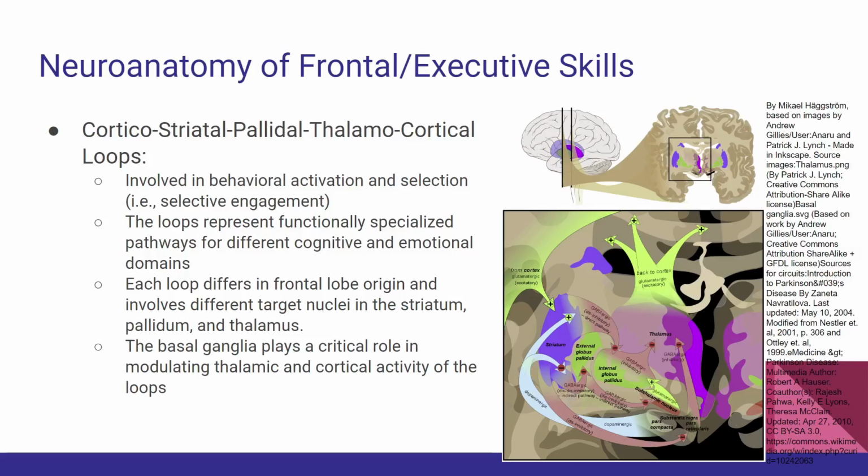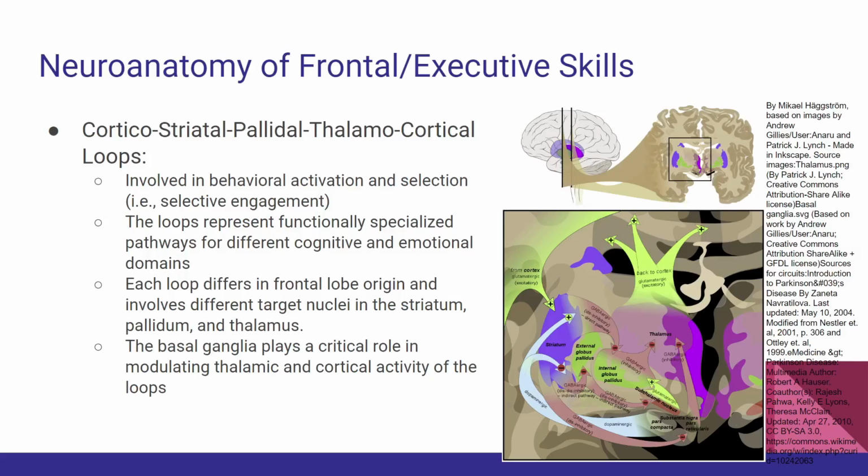And if you look at the graphic on the right, it looks kind of complicated, but it highlights both the loops and what kinds of signals the connections are transmitting, whether they be excitatory or increasing the likelihood of the next nuclei to fire, or inhibitory or preventing the next part of the loop to fire.